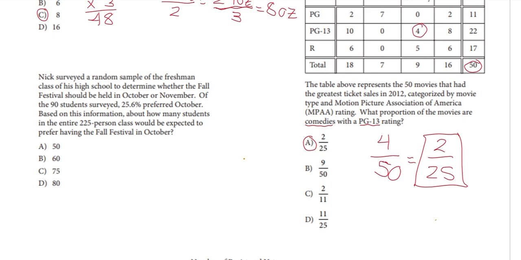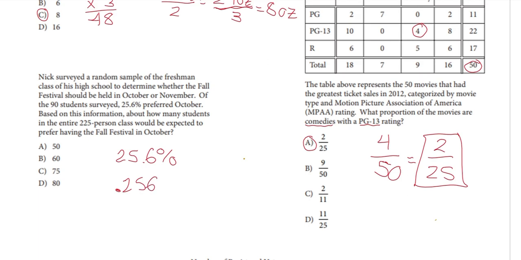So since they received a sample of the entire freshman class, it's safe to assume that the same percentage of 25.6 would apply to the entire class, not just those 90 students. So if we turn 25.6% to a decimal, we'd have 0.256.